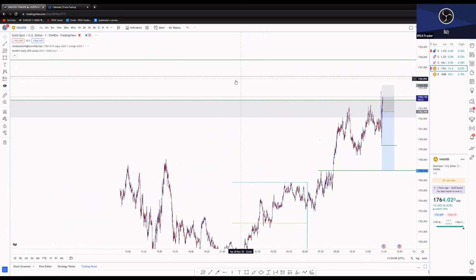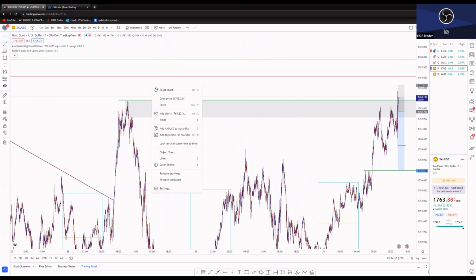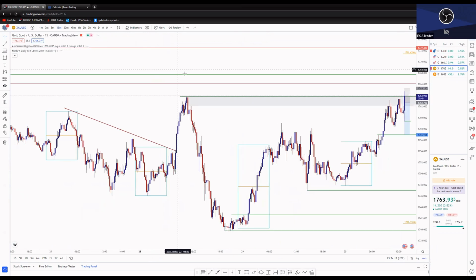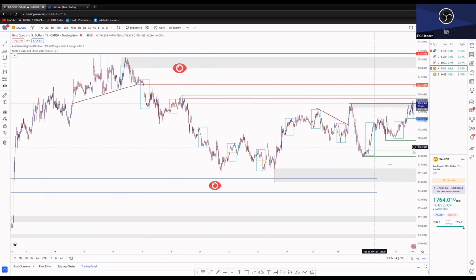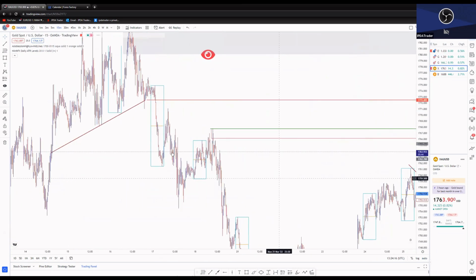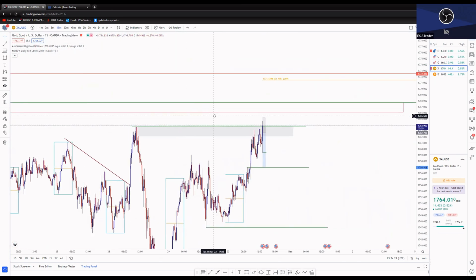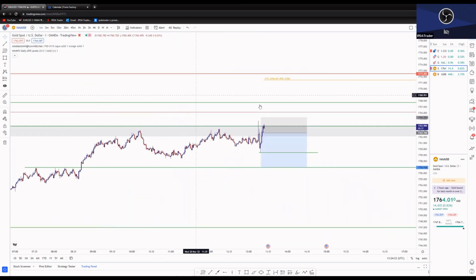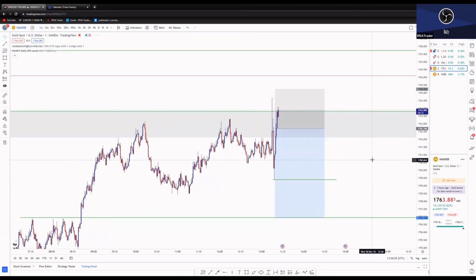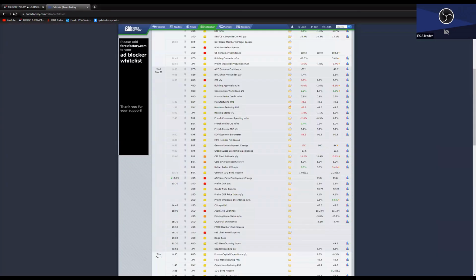And if that fails, we're gonna be looking for a very similar opportunity right at this swing high on the left hand side that we see. So yeah, that's sort of the idea. The news was very bad.